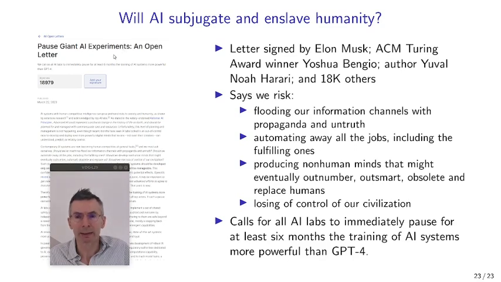It's an open letter signed by nearly 19,000 people, including Elon Musk, Yoshua Bengio, who's an ACM Turing Award winner, and Yuval Noah Harari, who's a well-known author. That letter says that we risk flooding our information channels with propaganda and untruth.